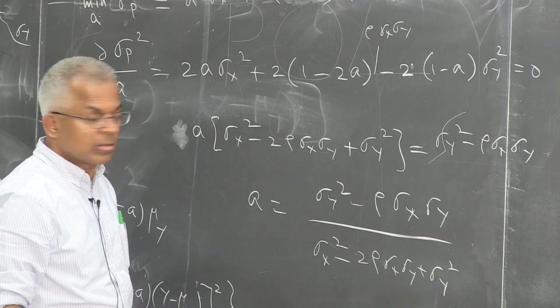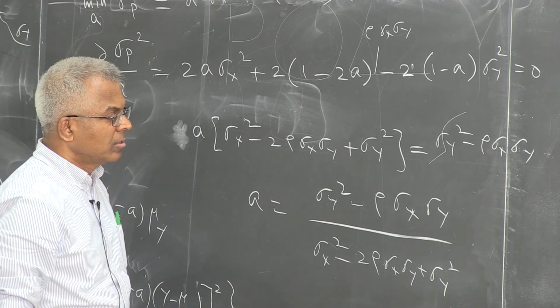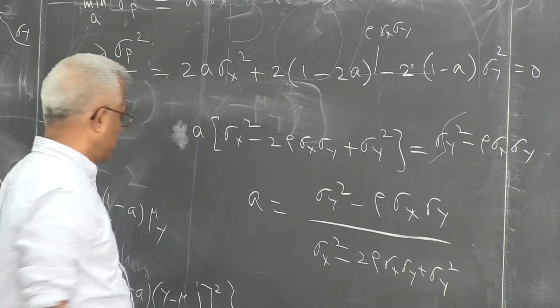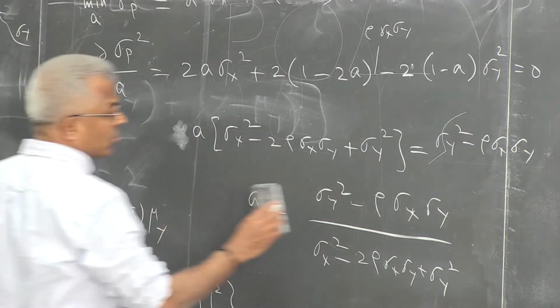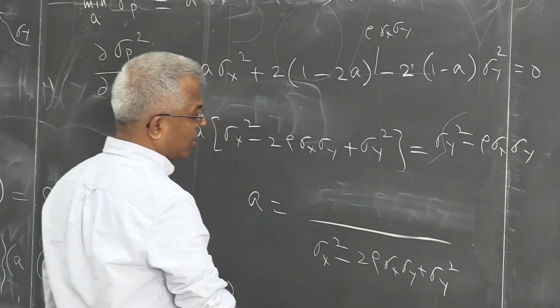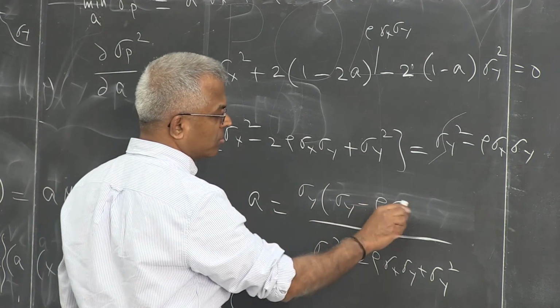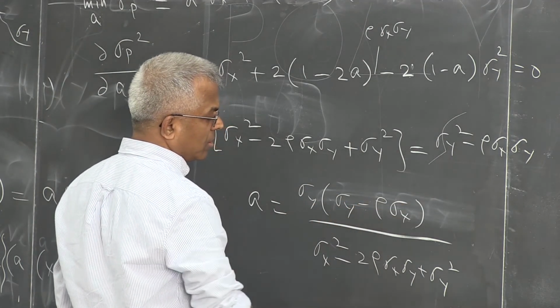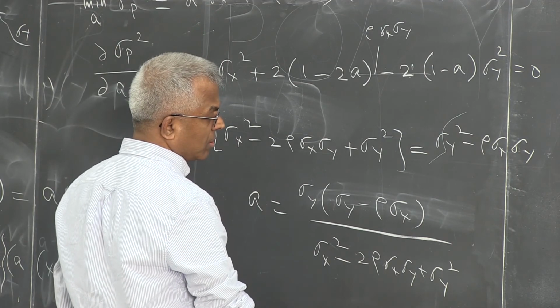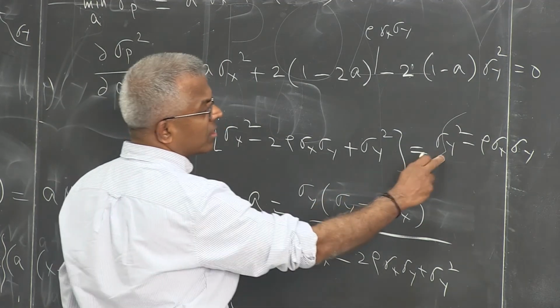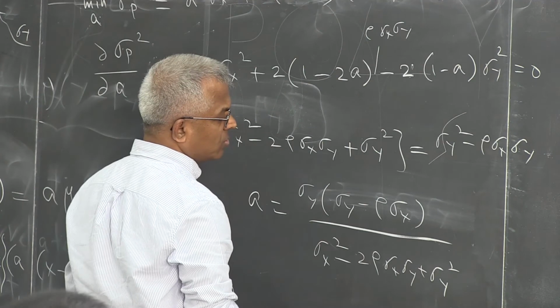Yes? So you see the numerator, of course I can write this with sigma Y common, then sigma Y minus rho sigma X, right? Because previously I had this, so I can pull this out.